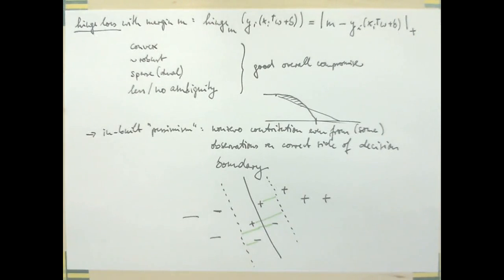Okay, we will see later that this inbuilt pessimism is something useful, because unless you regularize classifiers, they tend to overfit and be overly optimistic about their performance, so you need something to counter that.